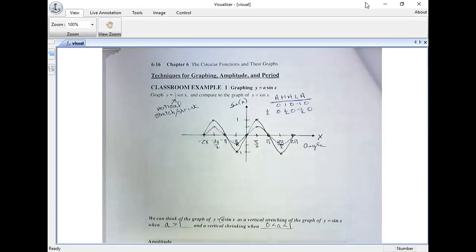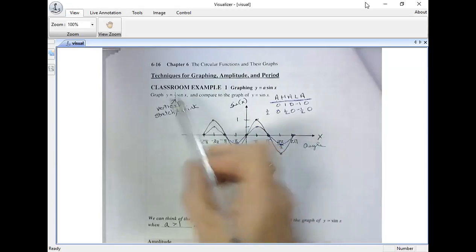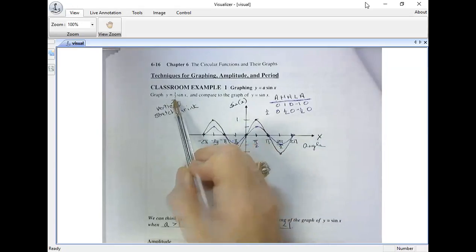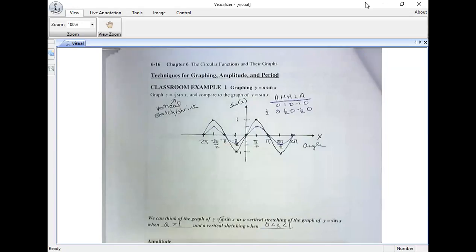What we did last class is we recognized that as long as that number shows up right in front of the function, if it's the first thing I see after the equal sign, then this is related to that vertical stretch or vertical shrink, and that's my change in amplitude.